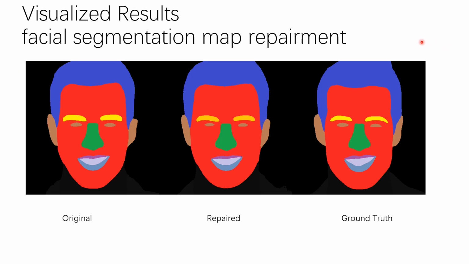And here is a visualized result for the facial segmentation map repairment. You can see here that the segmentation map, or mask, is telling you which component is which component. On the left is the original picture, in the middle is the repaired mask, and on the right is the ground truth. The difference is not so obvious, but we can see that the repaired mask has thinner eyes and thinner eyeballs compared to the original ones.